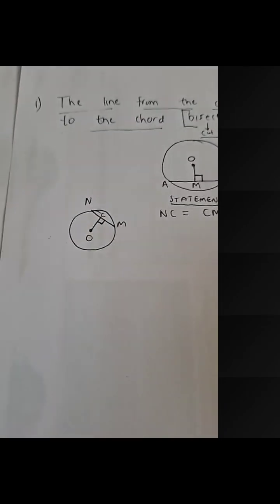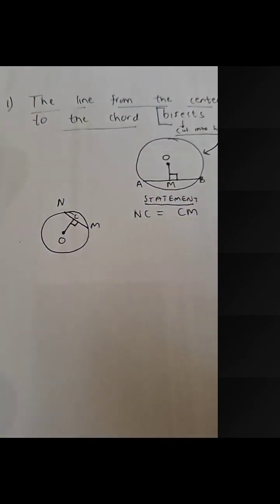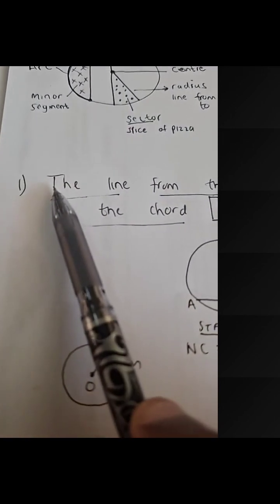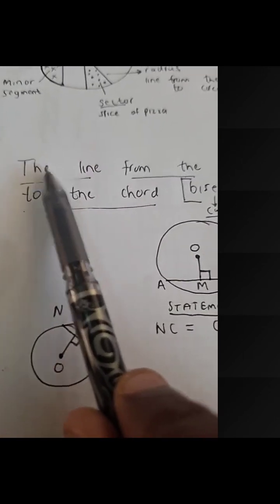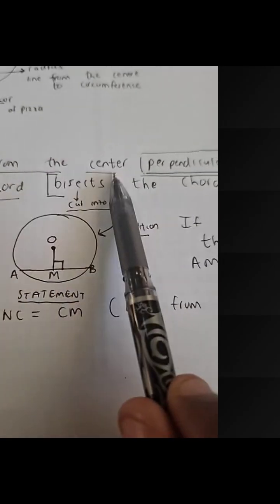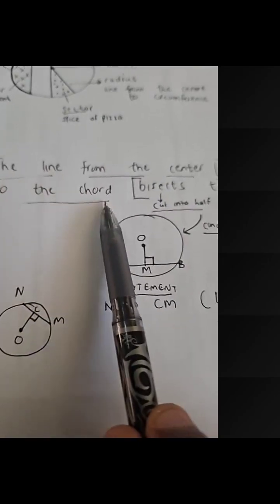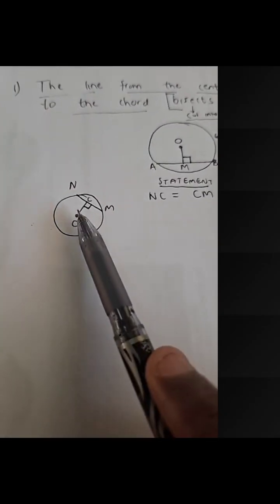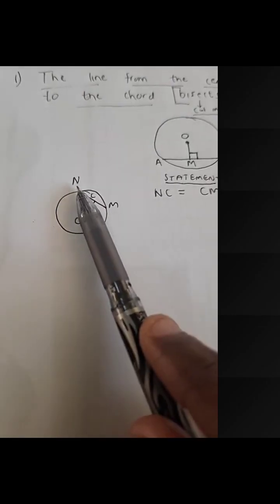Okay, so this theorem is very important because, one, as it states, we need to first understand each word in the theorem. When they say the line from the center perpendicular to the chord bisects the chord, we understand that a line from the center perpendicular to a chord.